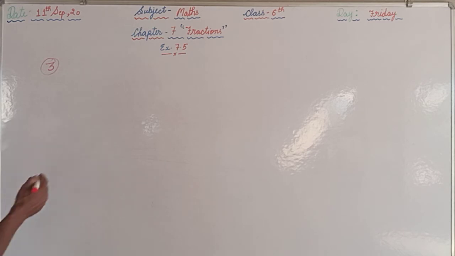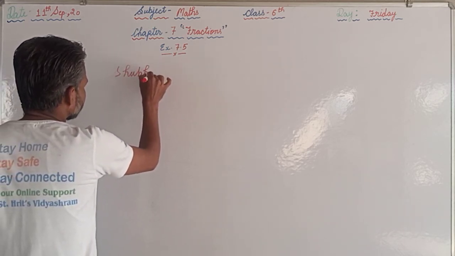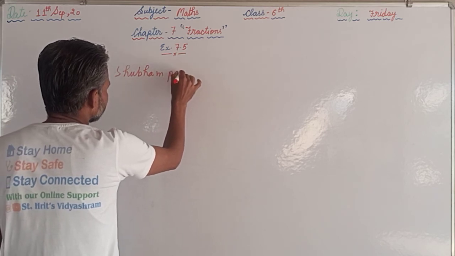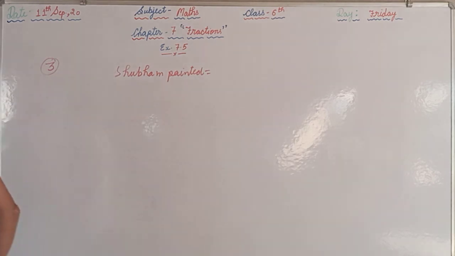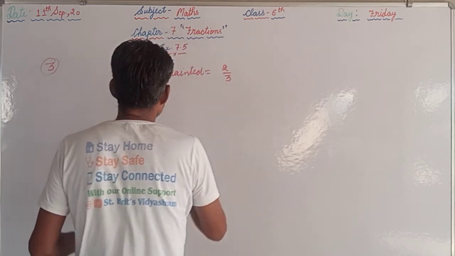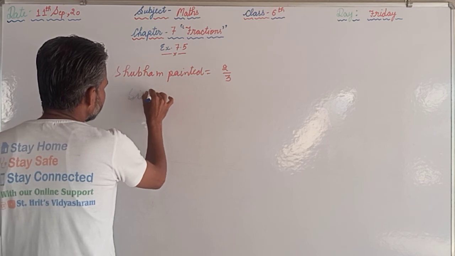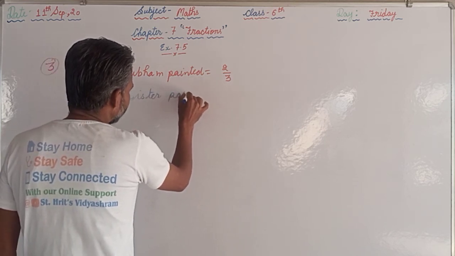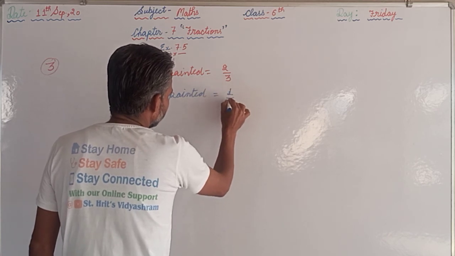How much Shubham painted, that is 2 upon 3. Sister painted 1 upon 3.